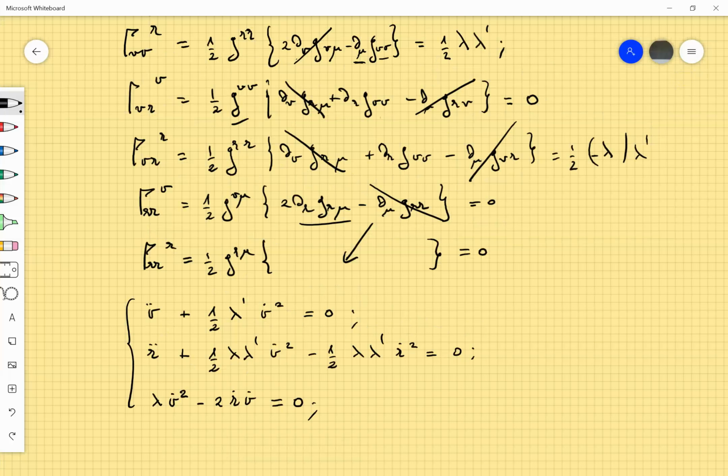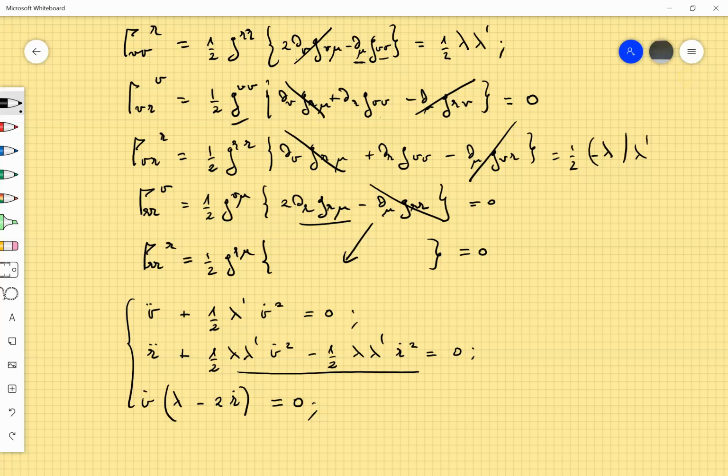These are the three equations, and this equation can be written taking v dot as a common factor. And I know that the same should happen here.